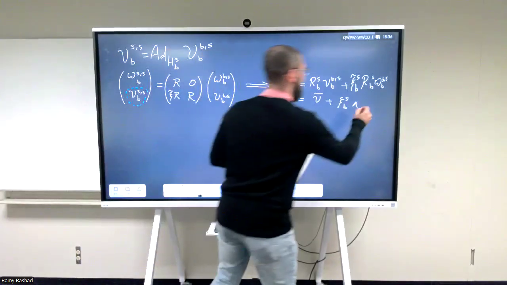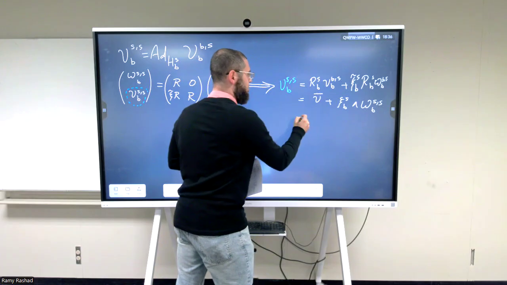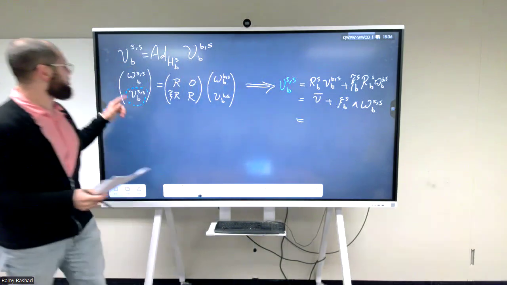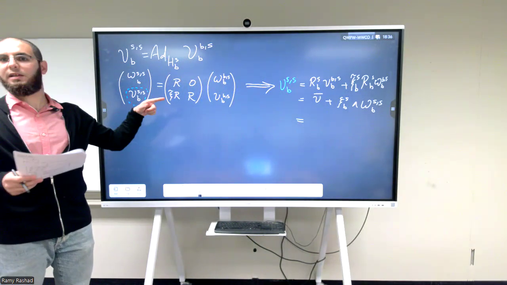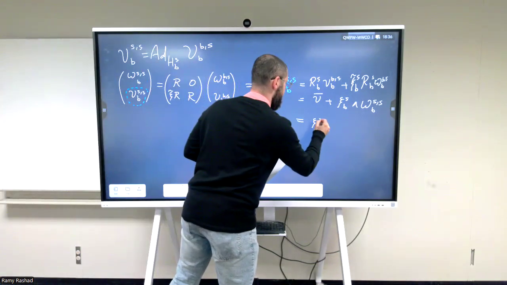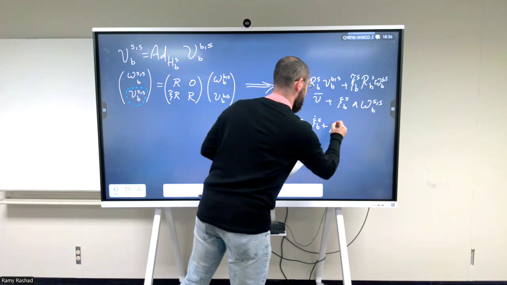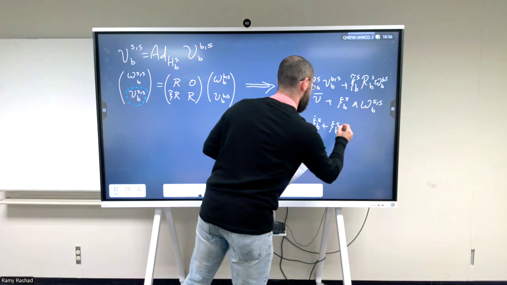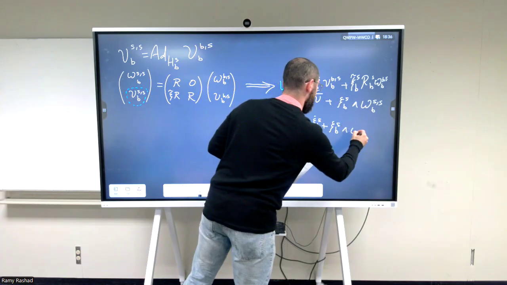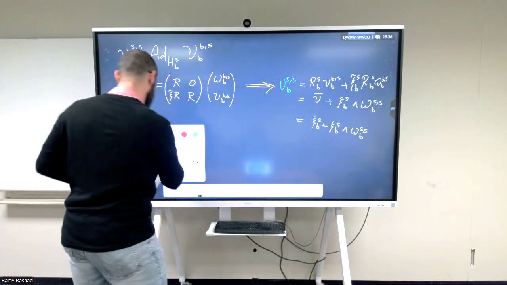So here I have omega BS in S. And actually this V bar, this is part of the assignment also, you're going to find that the V bar is nothing else than the psi dot. So this is actually what the V is.